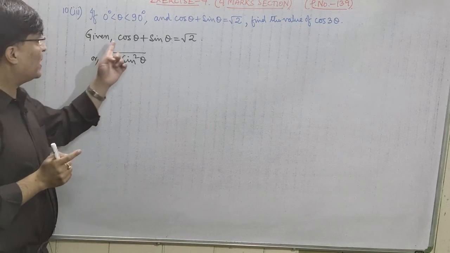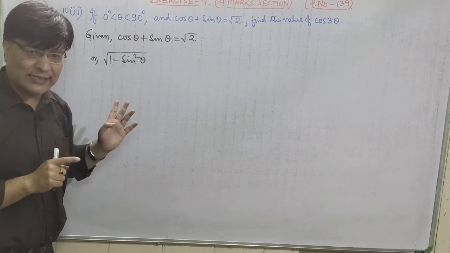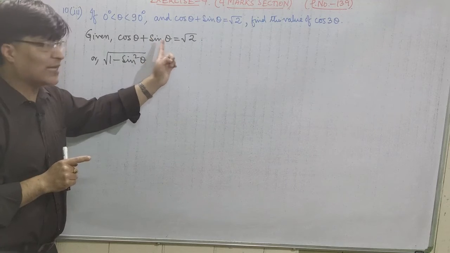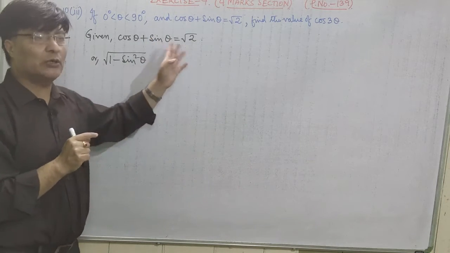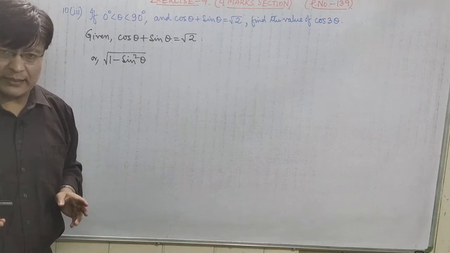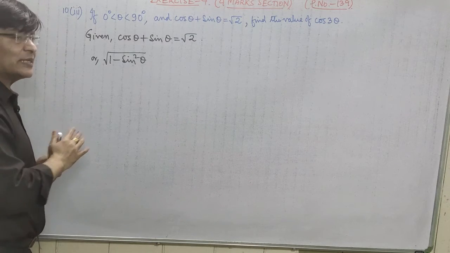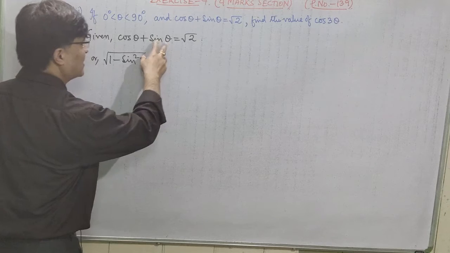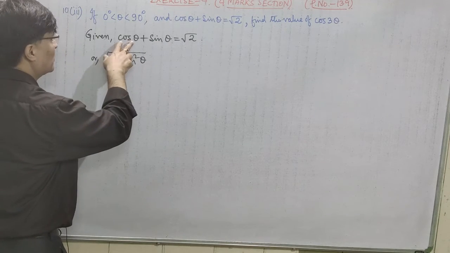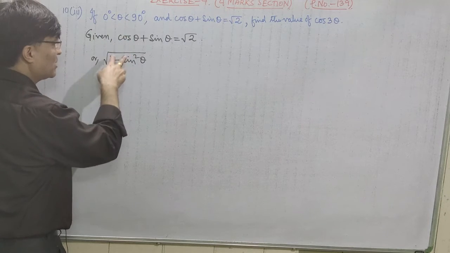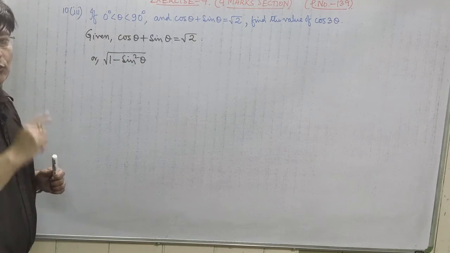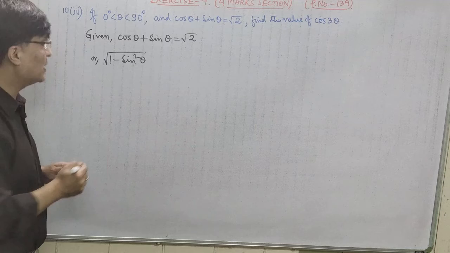Or you may keep cos theta as it is and convert sin theta in terms of cos theta by writing root under 1 minus cos square theta. But in this case we are keeping sin theta as it is, and converting cos theta in terms of sin theta. The formula is root over 1 minus sin square theta.